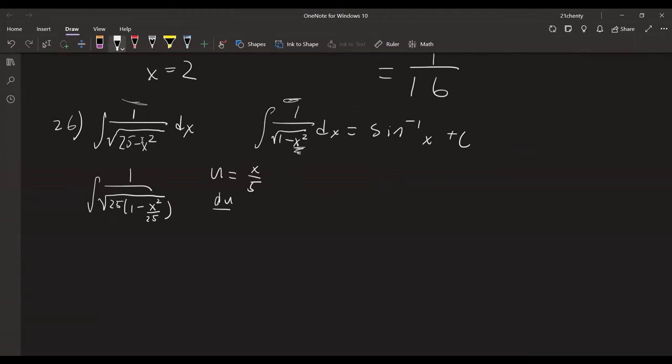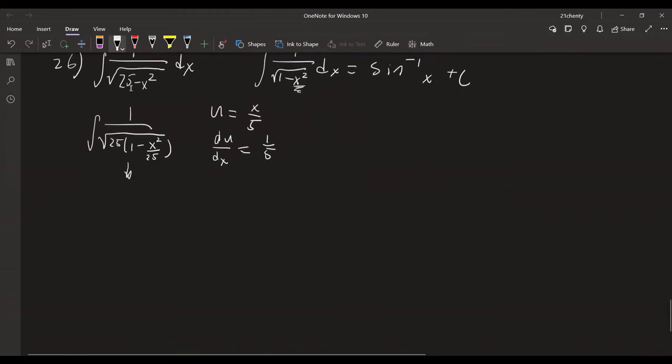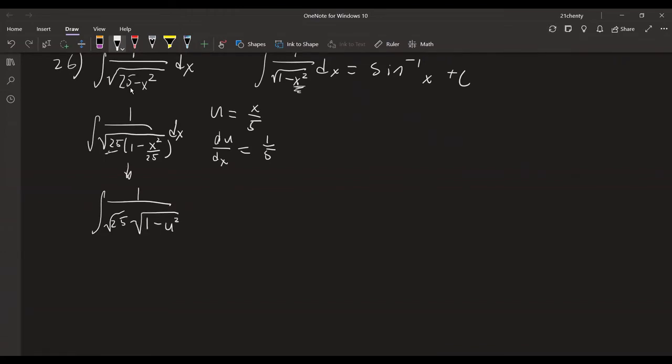So if u is x over 5, du over dx is 1/5. So let's simplify this and put it in terms of u. That means that, oh wait, this is there. 1 over, and then we'll take out the 25 from the radical. So we'll do it like this, 1 minus, and then we insert the u, times 5 du.